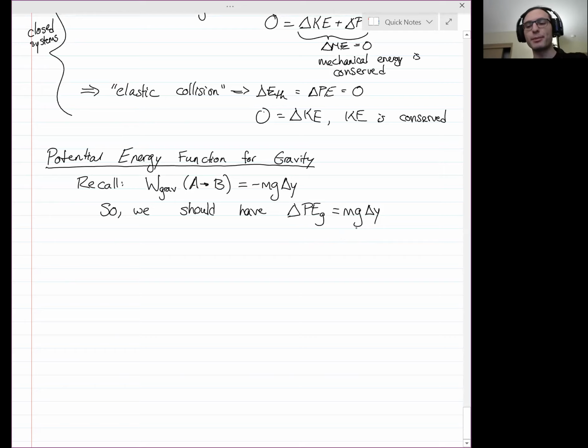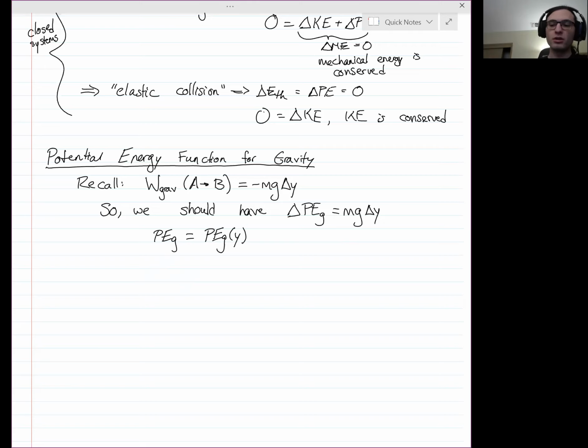So first, keep in mind that m and g don't change. That means that potential energy due to gravity should be a function only of the y value. That's the only thing that could cause a change in the potential energy.